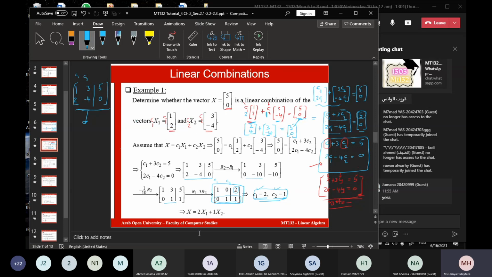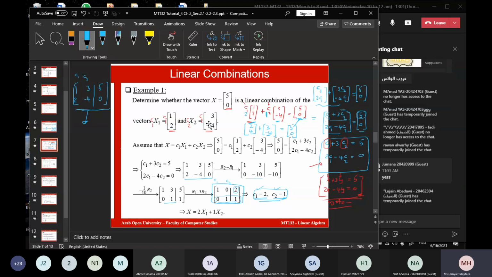And actually it is equal to 2 x1 plus 1 x2. So is it true that this vector is a linear combination of the others? Yes, it is, such that x equals 2 x1 plus 1 x2, and I'm done.